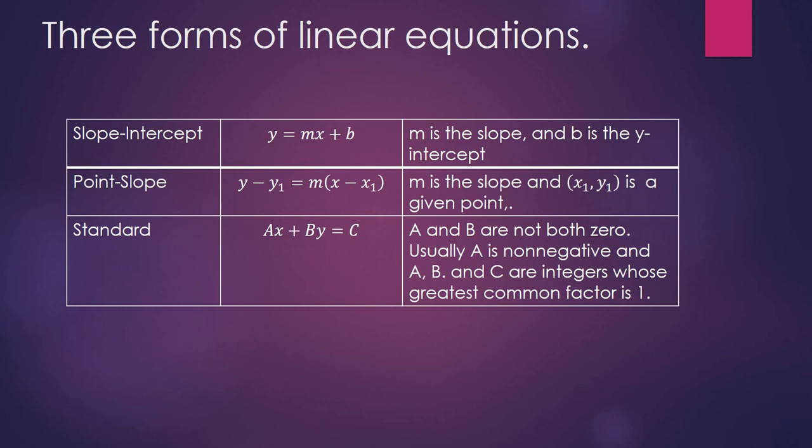And standard form, ax plus by equals c, where a and b are not both 0. Usually a is non-negative, and a, b, and c are integers whose greatest common factor is 1. So this is a kind of a recap of what we've done so far. I want you to put that in your notes so you have it handy for the next things we're going to do.